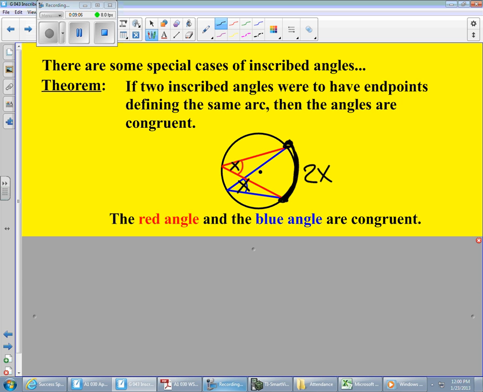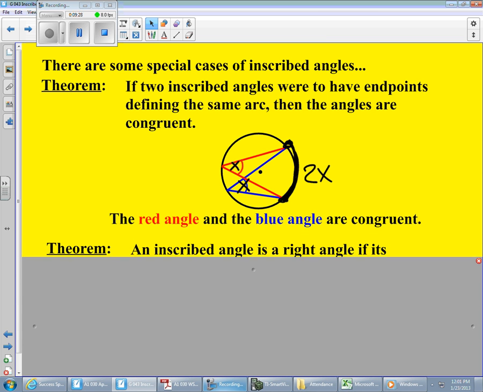That's all this theorem says, that if 2 inscribed angles have endpoints at the same location, then the angles are going to be the exact same measurement. I would actually make the argument that we probably could have figured that out on our own in a problem, and we wouldn't have needed a theorem. But the theorem does exist, so there you go. You can follow that along. But there's the first theorem.